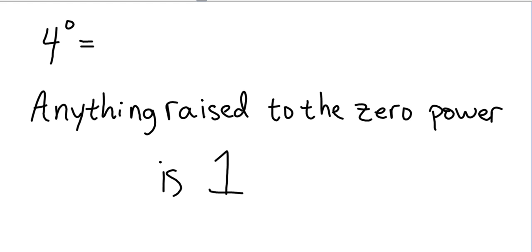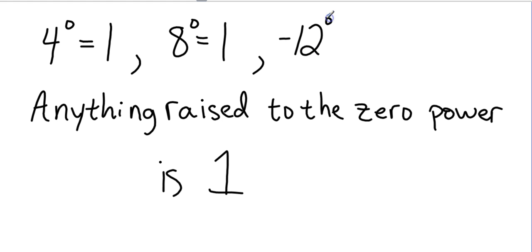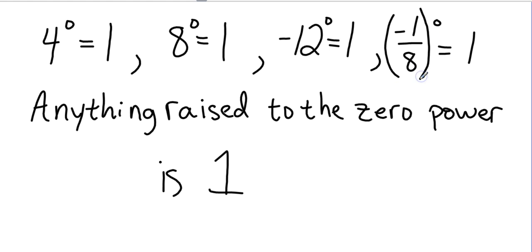So 4 to the 0 power is 1. 8 to the 0 power is 1. Negative 12 to the 0 power is 1. And even our wonderful friends, the fractions, raised to the 0 power is 1. I should put that in parentheses. Anything to the 0 power is 1.